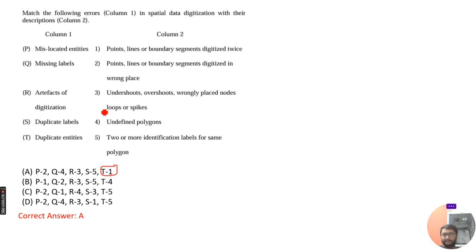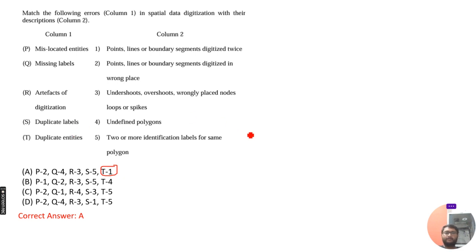Then duplicate labels. Why are there different labels? Because two or more identification labels are given for the same polygon. So if there is just one polygon, we are giving it two different names. Let's say if there is some lake, one time we will give the full name, one time we will give a short name or something like that. So there is a high chance that you might get duplication of labels as well as duplication of entities.